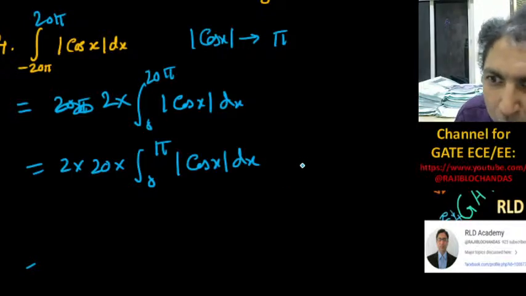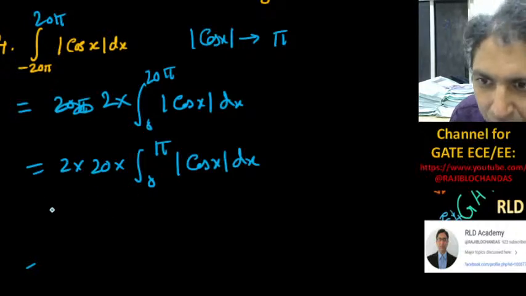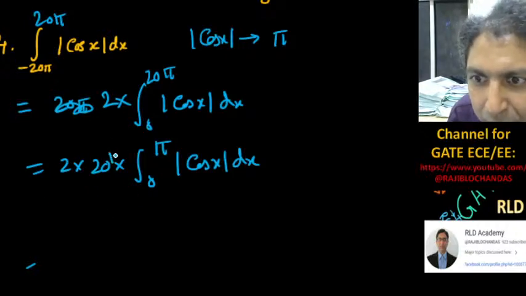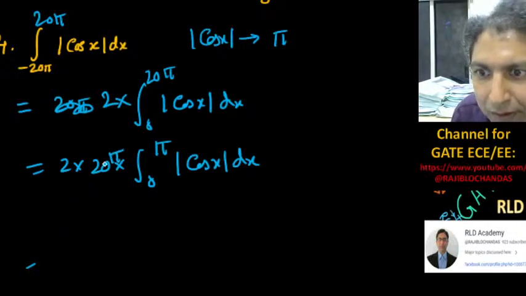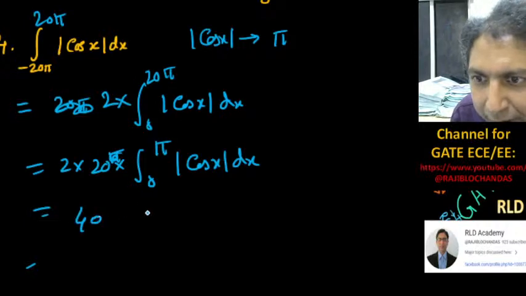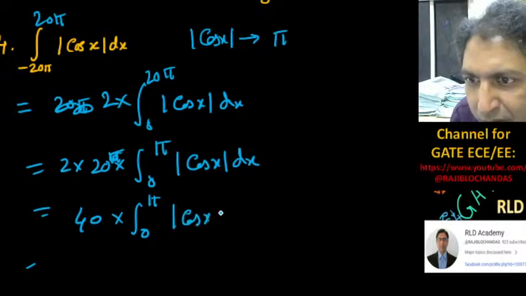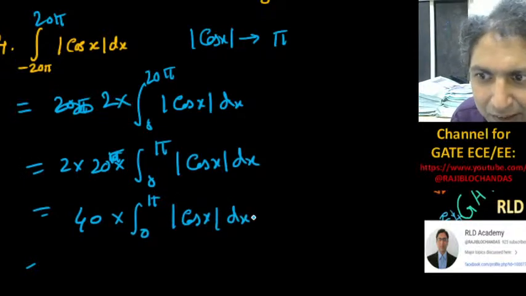Now you can integrate this. So it is 20 pi, it was there, no? 20 into, okay, so it is 40 times the integral from 0 to pi of mod cos x dx.